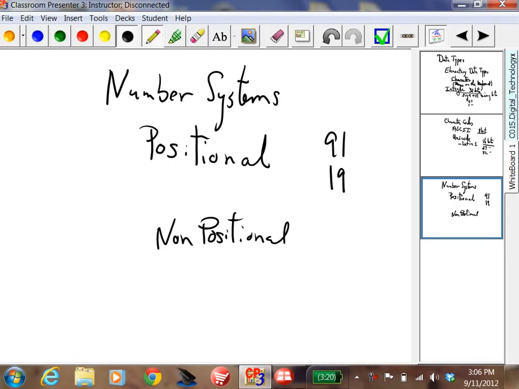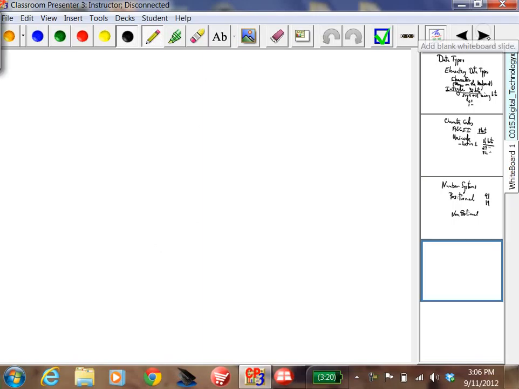Okay, so the positional ones, I guess I talked first of all about decimal, right? Decimal number system, okay? That's to the base 10.